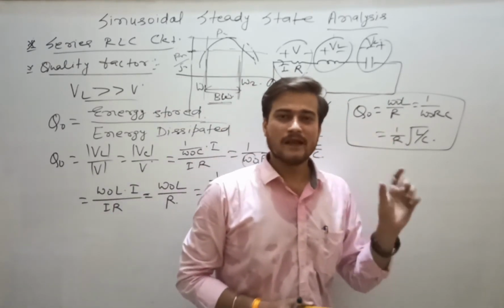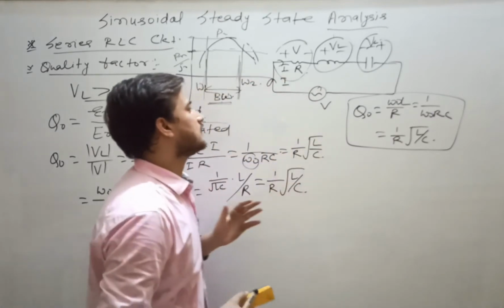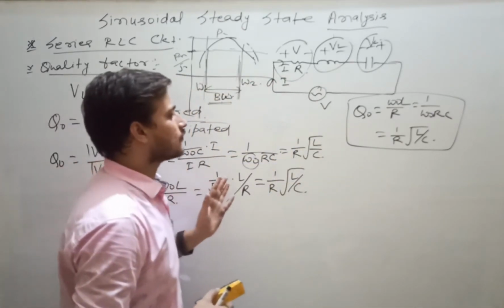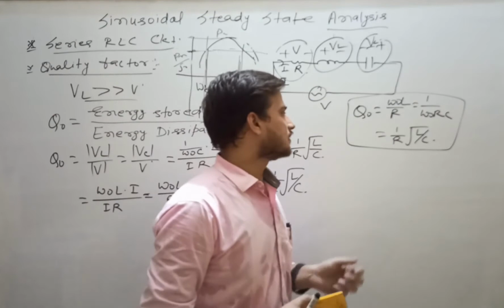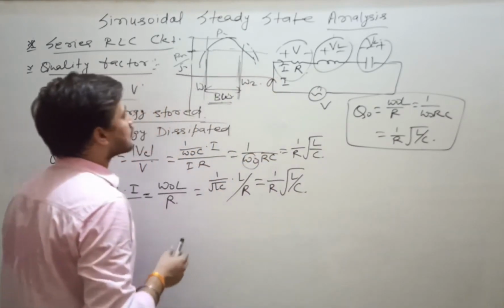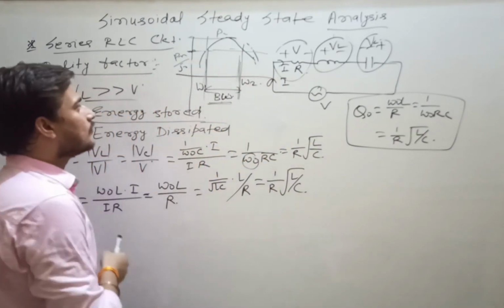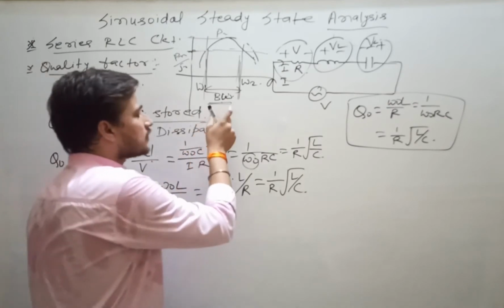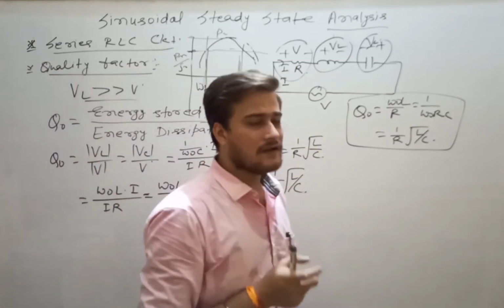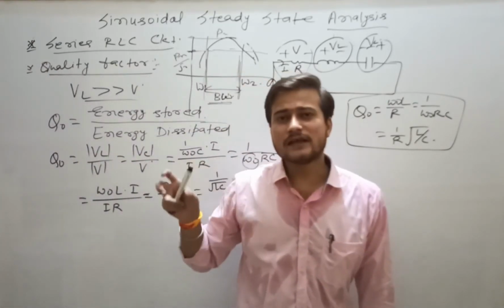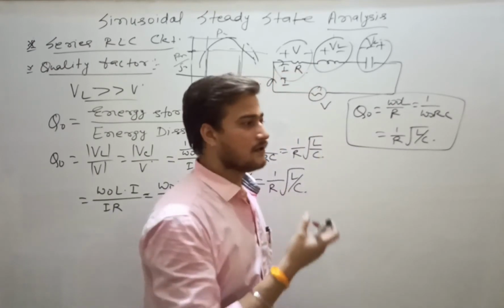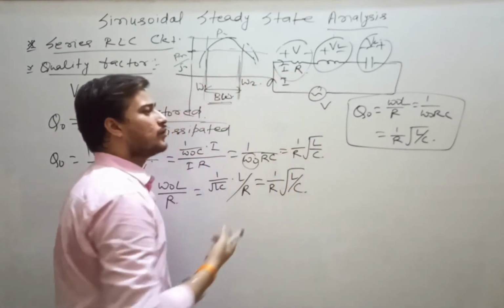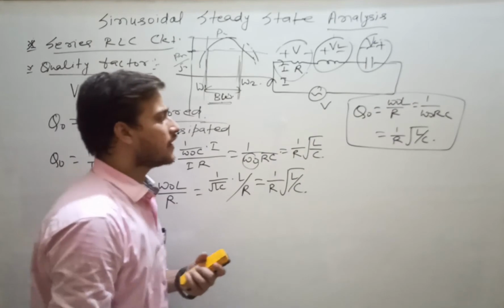It will stop some of the frequencies and allow other frequencies to pass in the system. Clear? This is called bandwidth. This is also used in tuning circuits in radio and television.